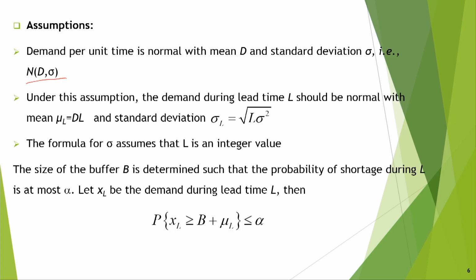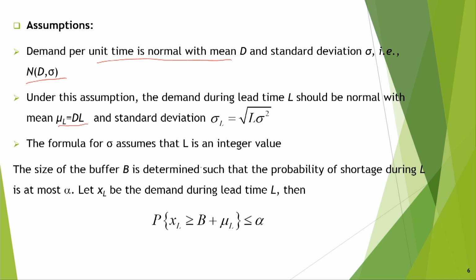Under this assumption, the demand during lead time L should be normal with mean mu L equal to D L. So if we say that per unit time demand is D, then naturally the lead period is L. So the average demand will be mu L is equal to D times L, and the standard deviation will be sigma L is equal to the square root of L sigma square, because variances get added up.